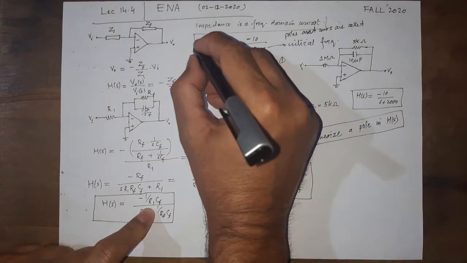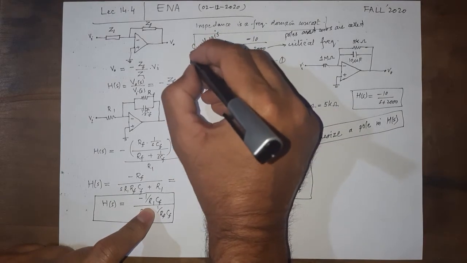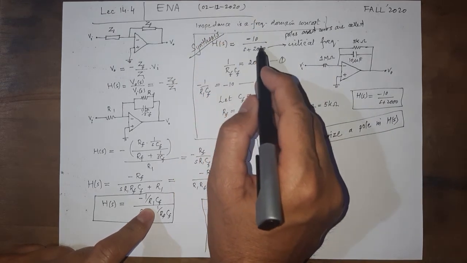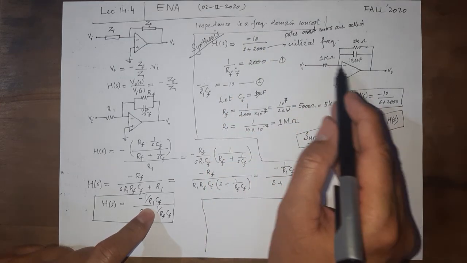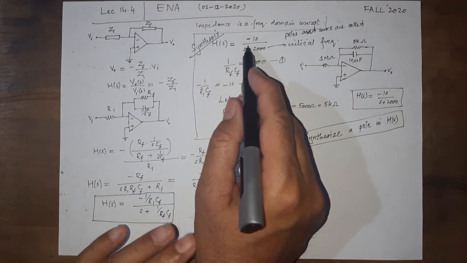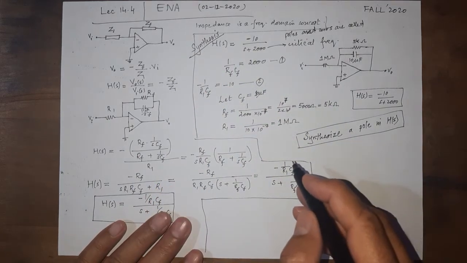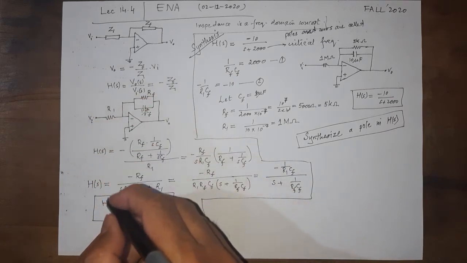What we have studied is synthesis. By synthesis, we mean we know what we are looking for and we reverse engineer to find the circuit that would give this transfer function. Up till now, we had a circuit and we used to find the transfer function.